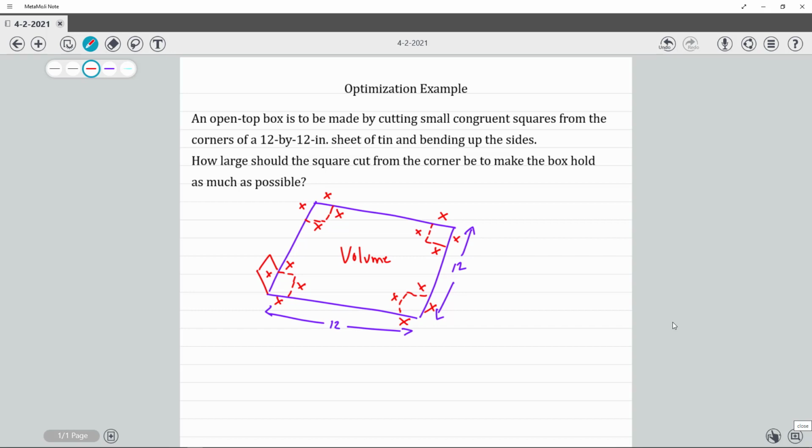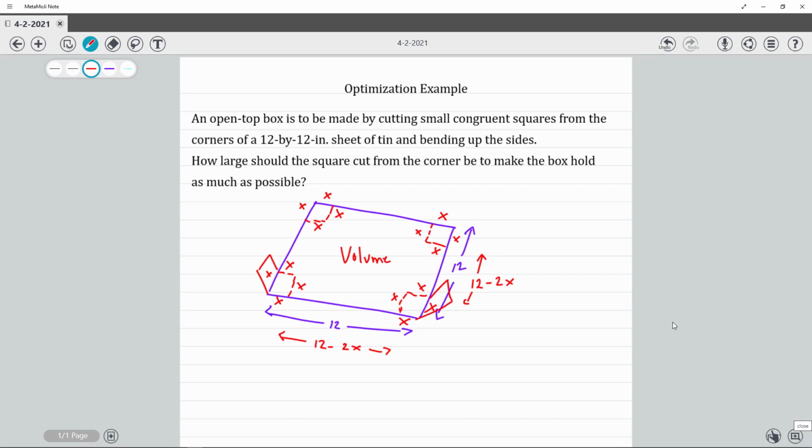And so hopefully you can see that this has changed now from 12 to 12 minus 2x, and the same here, 12 minus 2x, because these are sides now that are being folded up.